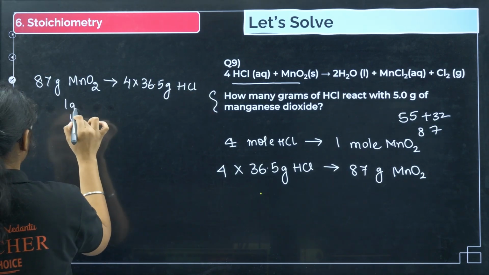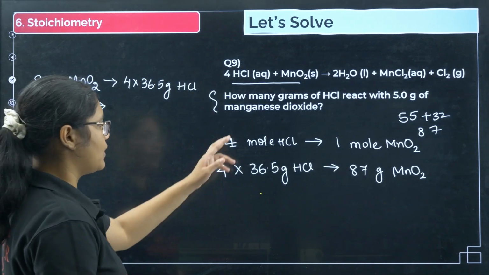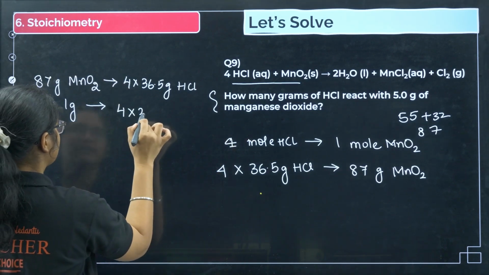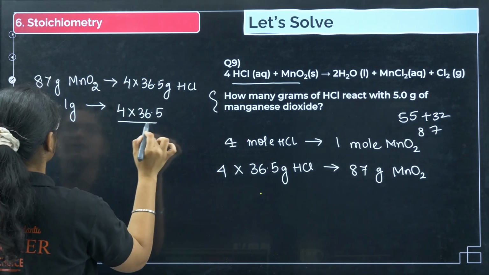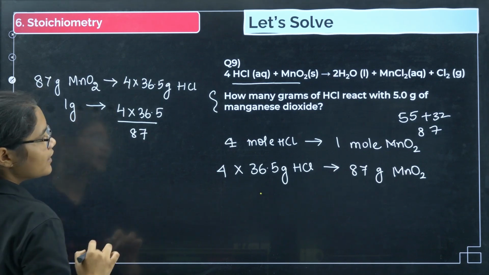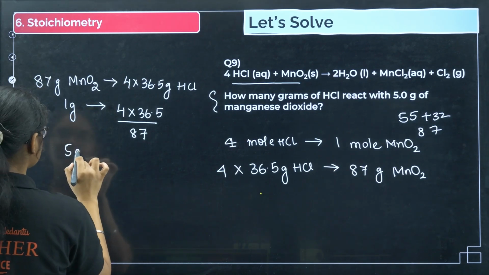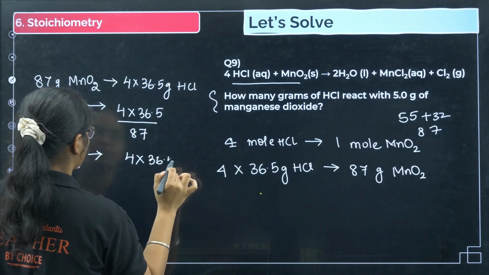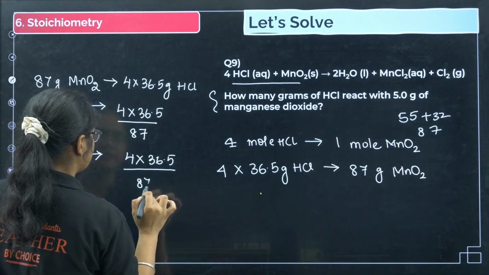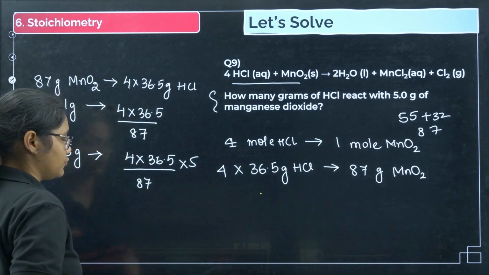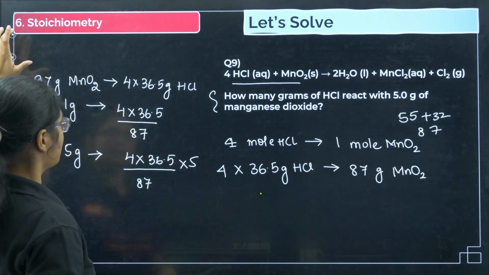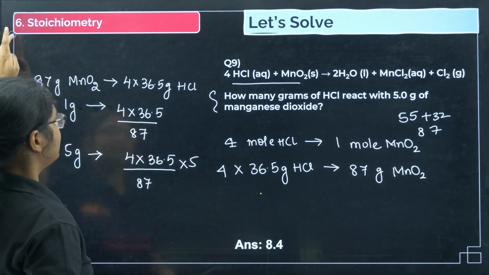Now 1 gram of MnO2 will react with 4 into 36.5 divided by 87. Now 5 gram of MnO2 will react with 4 into 36.5 divided by 87 into 5. Just calculate this value and you will get the answer. Clear? 8.4 you will get.